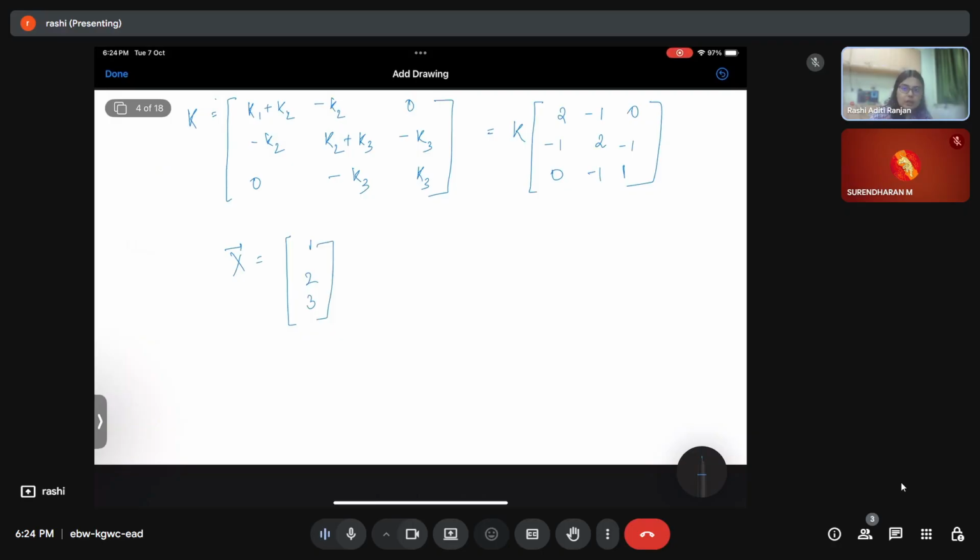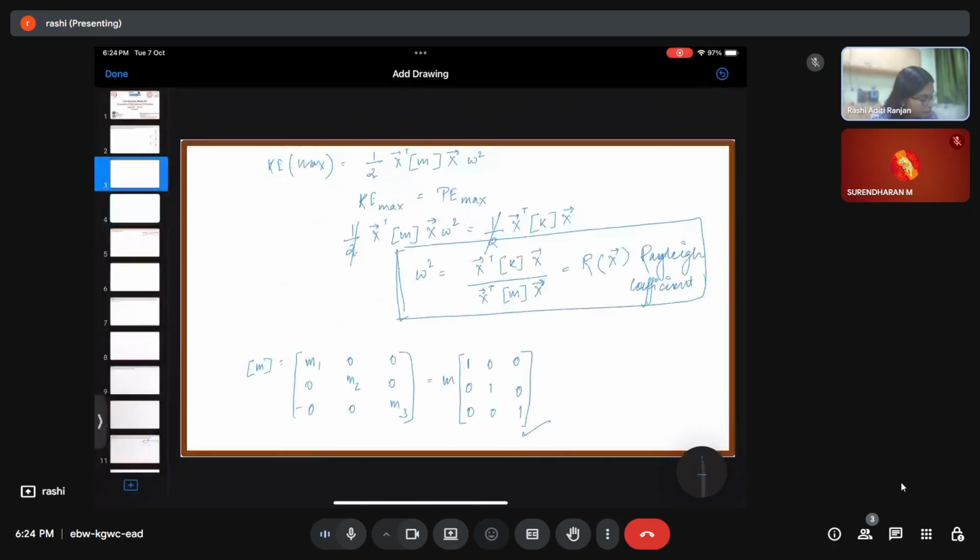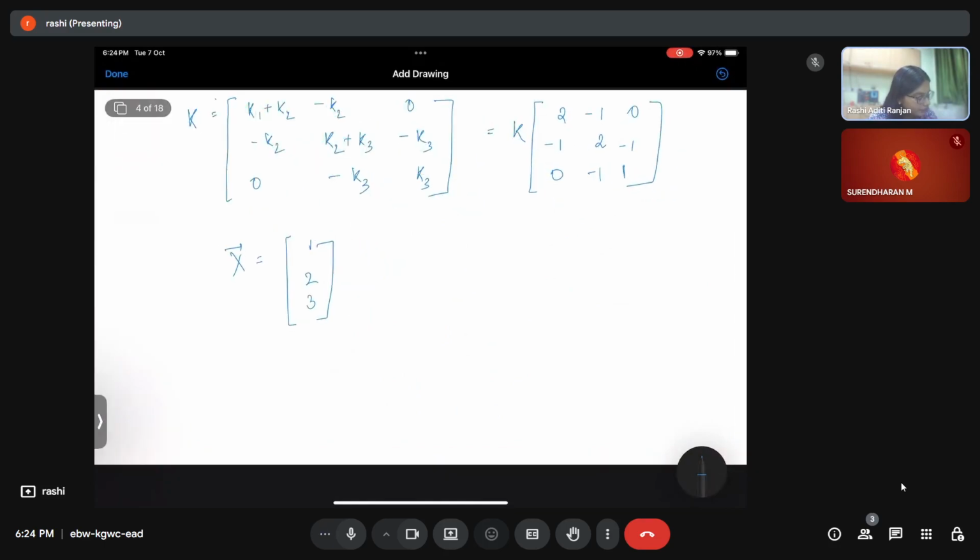So first we'll evaluate the numerator. If you look over here, this is the numerator. So if we evaluate this, we'll have X transpose into the stiffness matrix into X, which is 1, 2, 3 into 2 minus 1 0, minus 1 2 minus 1, 0 minus 1 1, into 1, 2 and 3.